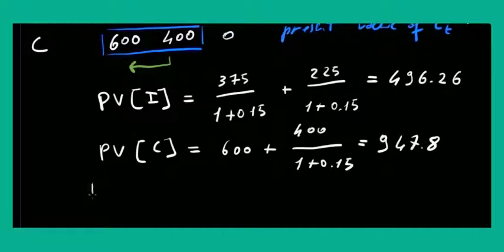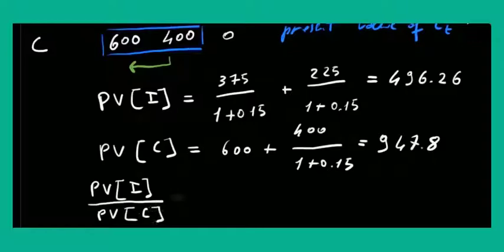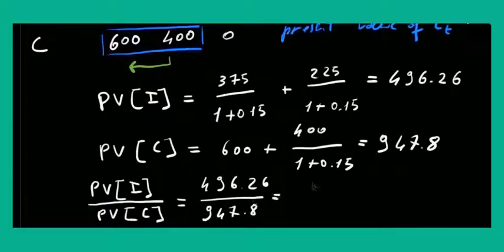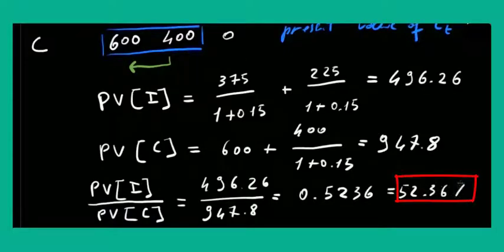Now we divide the present value of all the returns by the present value of all the capitals. 496.26 divided by 947.8 makes 0.5236, which is 52.36%. Now what is this rate of return?